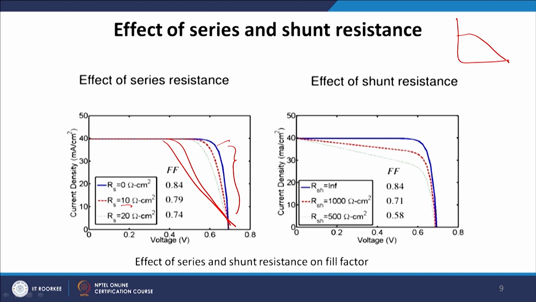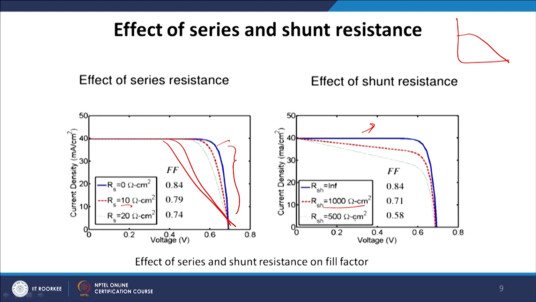Now, what will be the contribution of the shunt resistance? If the series resistance is modulating this part, we can consider that the shunt resistance will obviously contribute to the other part. For an infinite shunt resistance, the IV characteristics should be like the blue curve, like this. But if I have the shunt resistance value of 1000 ohm per centimeter square, then it is a red curve like this. So, it falls off rapidly from the ideal curve.